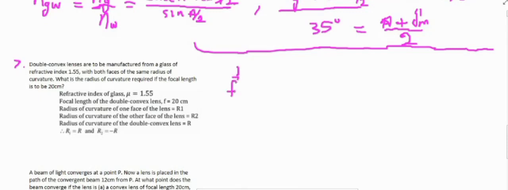The lens maker's formula you have to use: 1 by f is equal to n minus 1 into 1 by r1 minus 1 by r2.